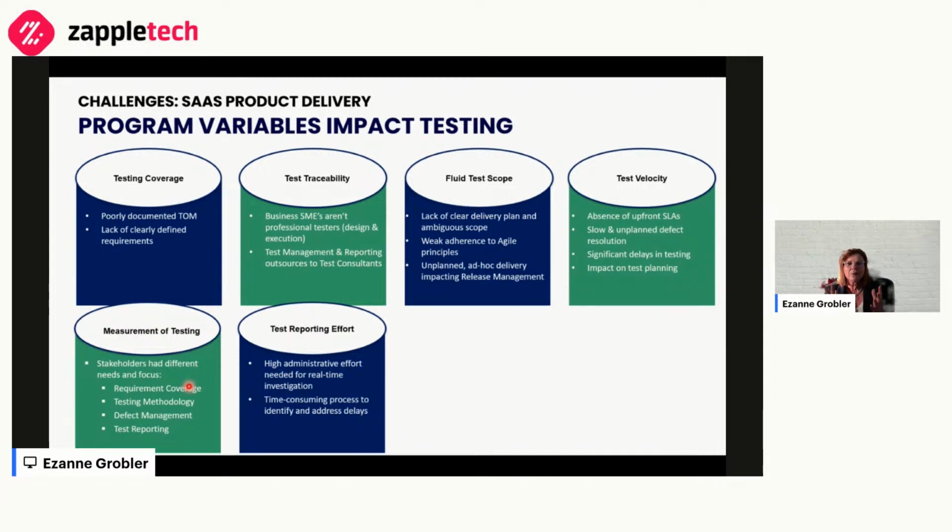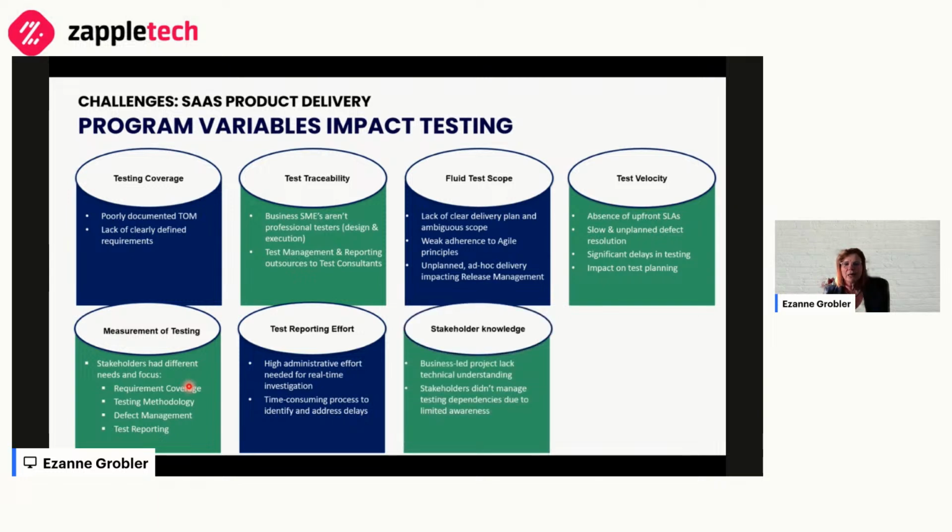Again, we found ourselves in a situation where we needed to pivot continuously in terms of trying to align testing measurements and testing reporting into this world of continuous variable changes that were outside of our control. And again, we found ourselves in a situation where stakeholder knowledge was just not there.